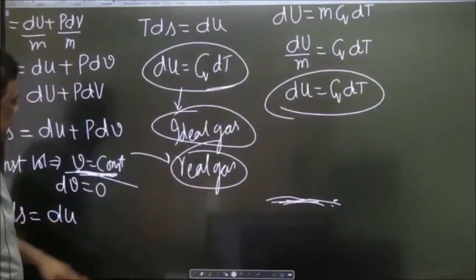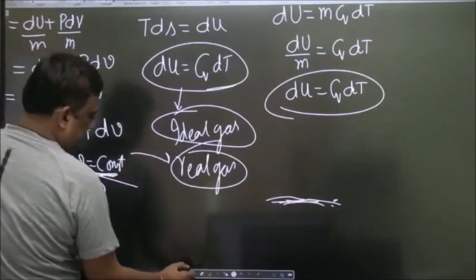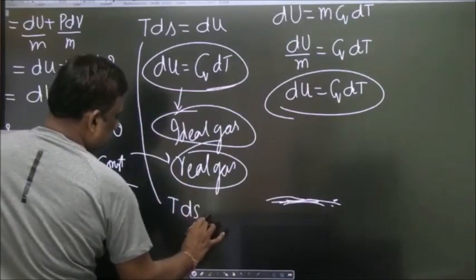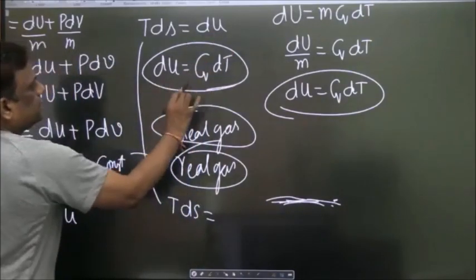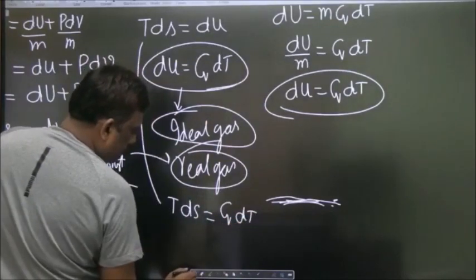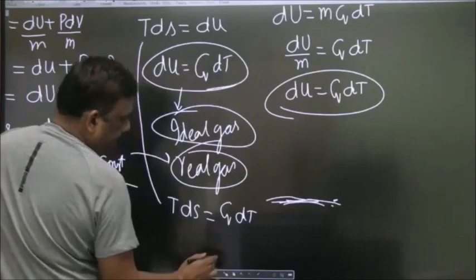Look here. So we have TdS is equal to du. But what is du? Cv dT.